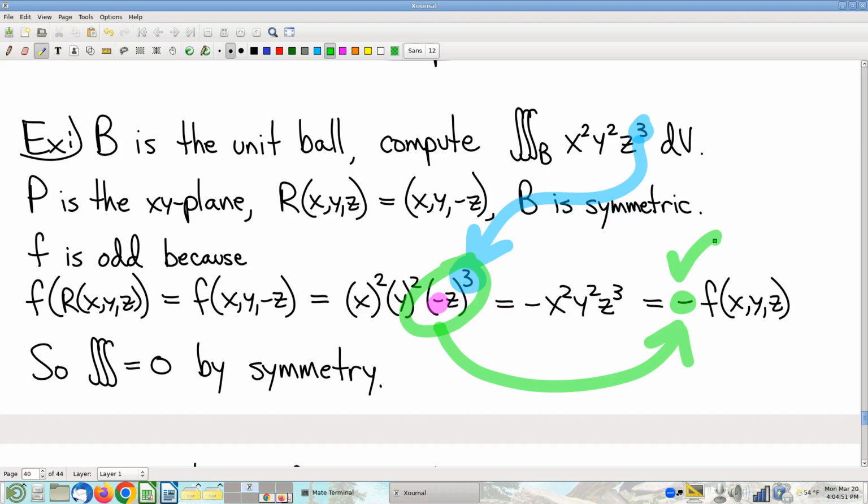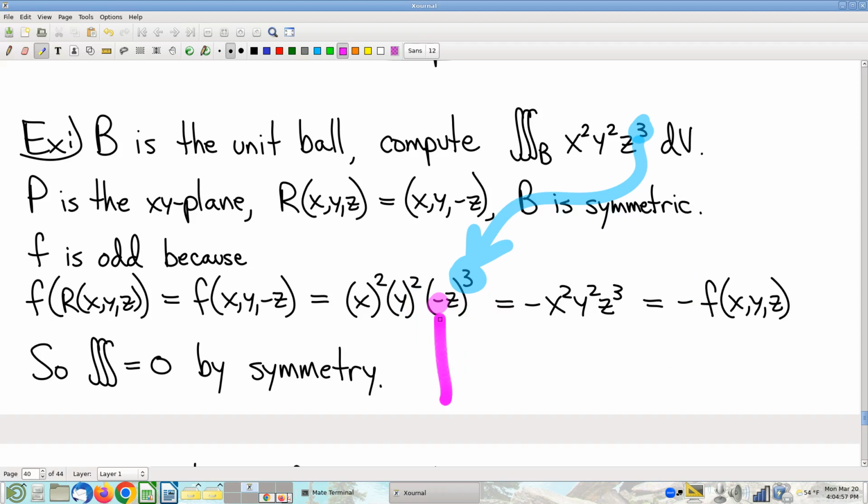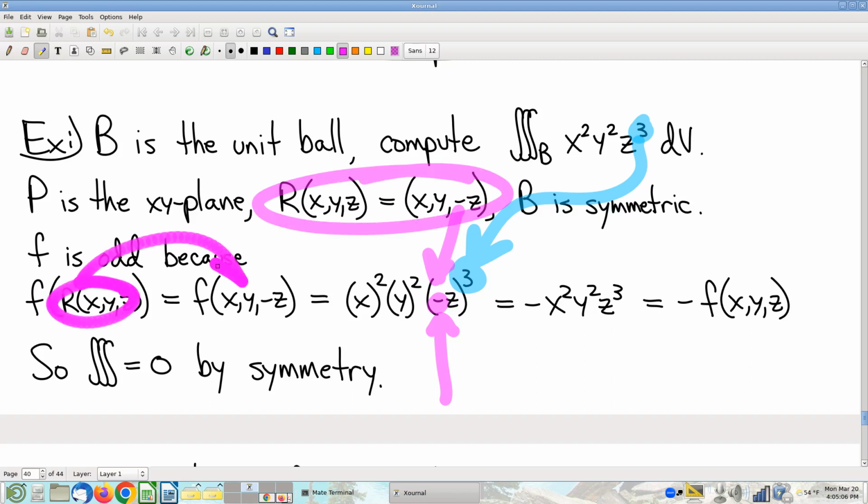Does that make sense? And so, okay, well, now how am I going to get this minus sign here? Well, that minus sign needs to come from the reflection, right? Because that's what we plug into our integrand is whatever the reflection is. Does that make sense? Yeah.